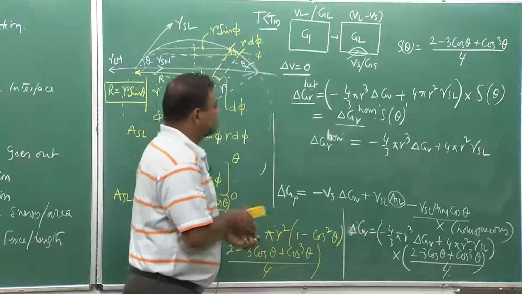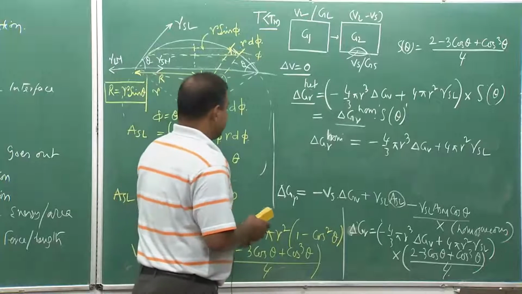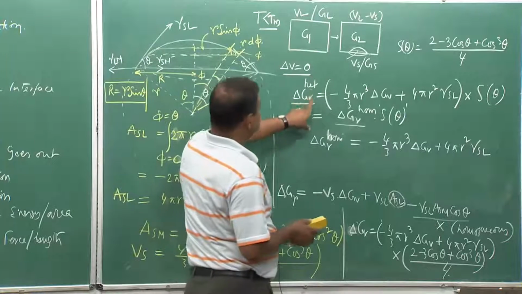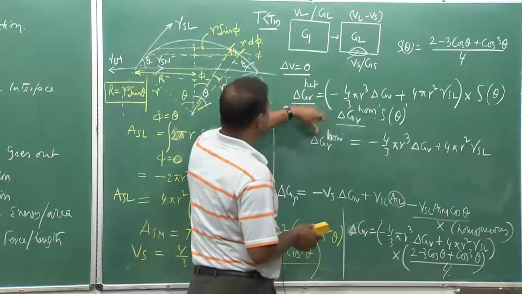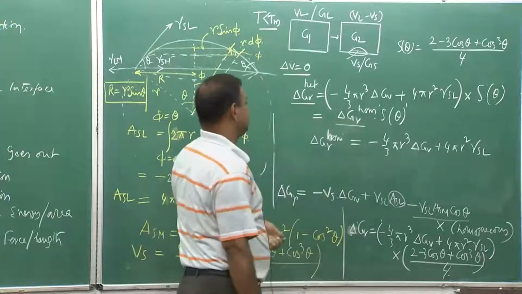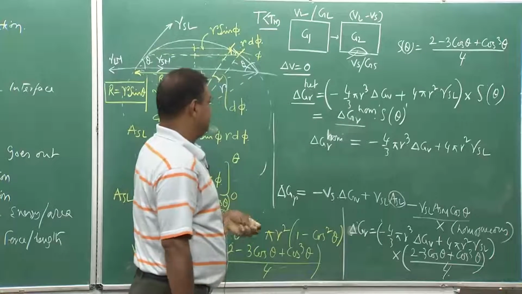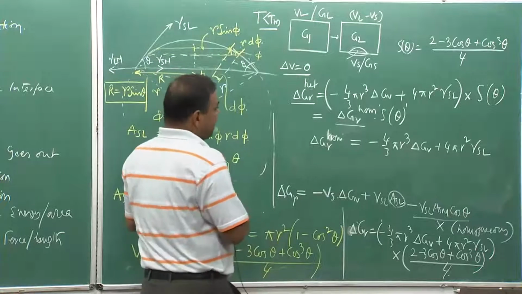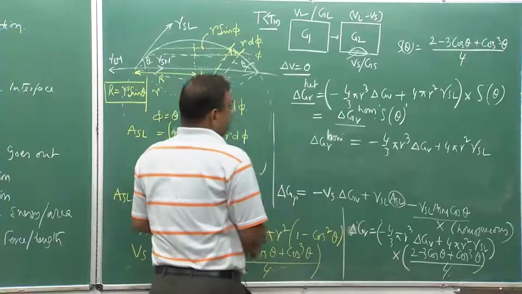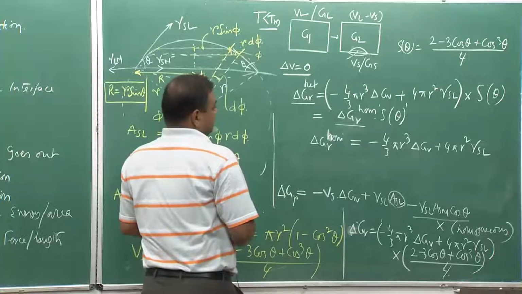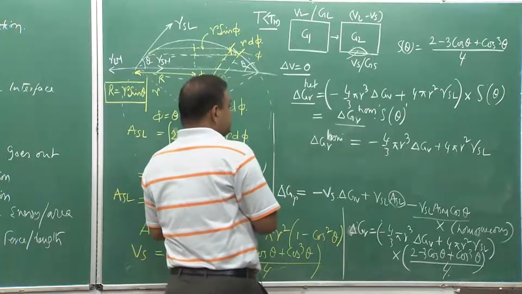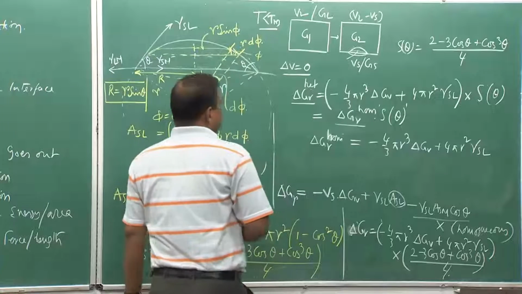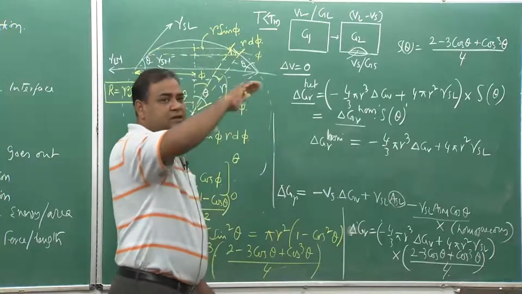Now, in order to do that, we just try to plot the del G r heterogeneous and del G r homogeneous on the same plot, okay, the way we have done last time. Now, if we have this expression, at a particular contact angle, we can also see what would be the unstable criticality.